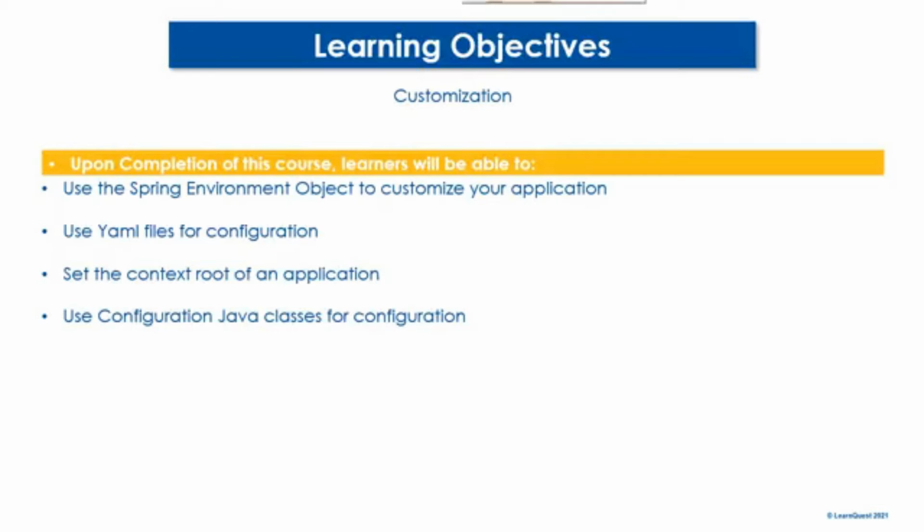We will also show you how to set the values of predefined properties in either of these files, application properties or application YAML, in order to customize our application. And then we'll look at Java configuration classes, where we can populate these classes and inject them into controllers in order to get hold of configuration data that we can use.